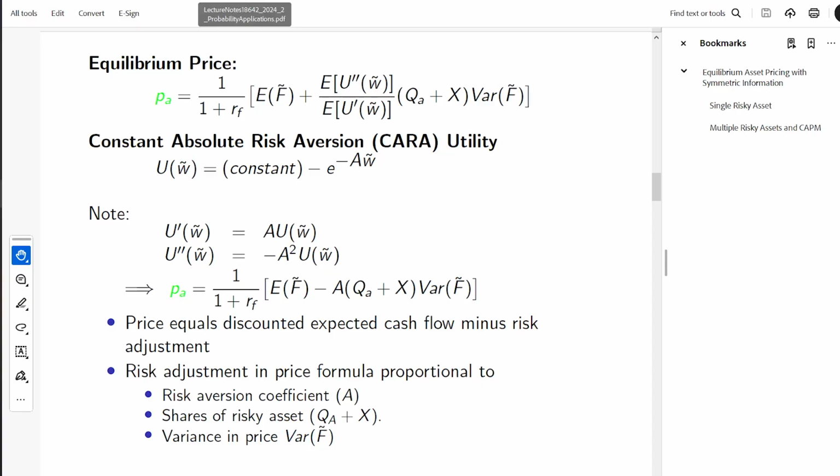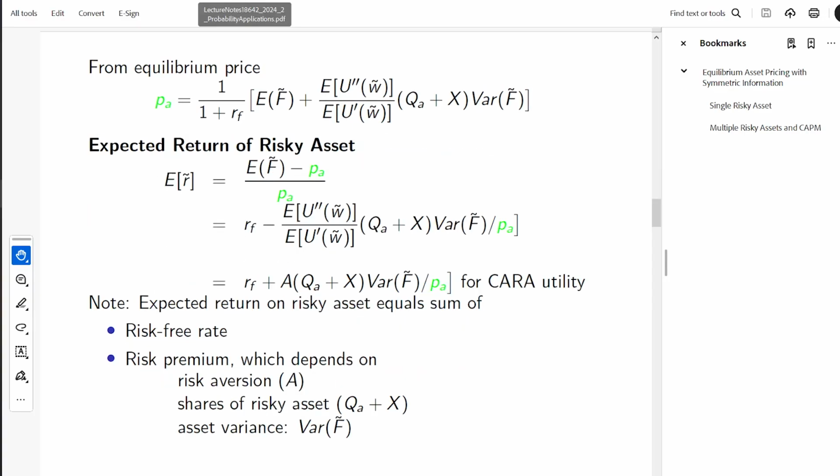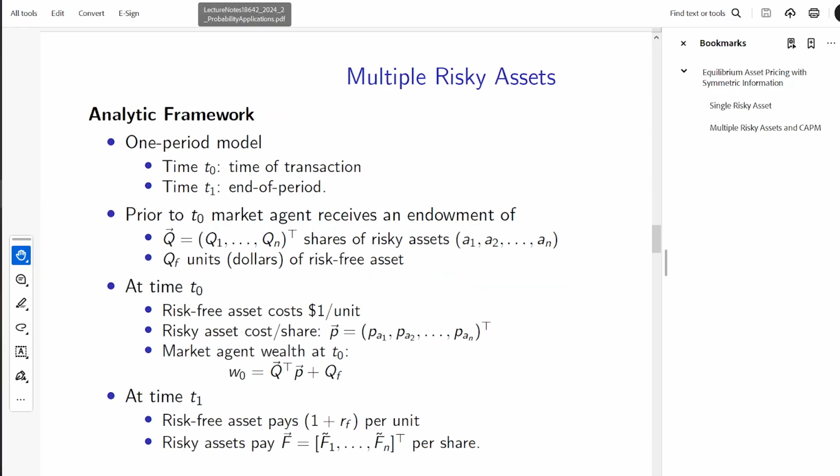Well, with this result for a single asset, what's really neat is that we can generalize from one asset to many and set up the whole problem with almost the same notation. So we consider defining a Q vector of shares of assets A1 through AN, and QF units of the risk-free asset.